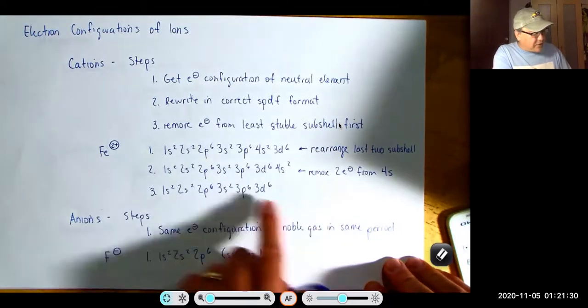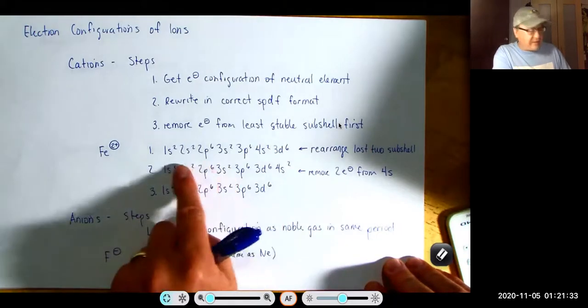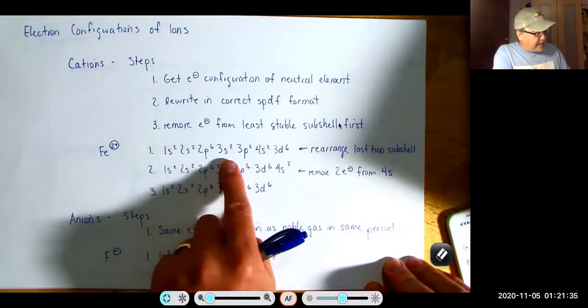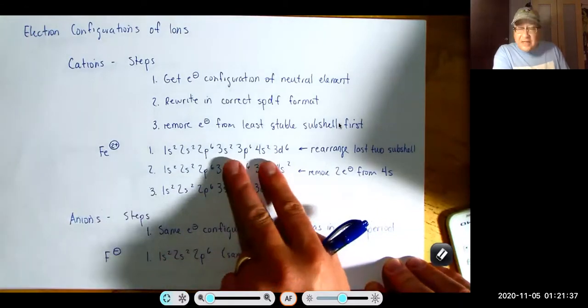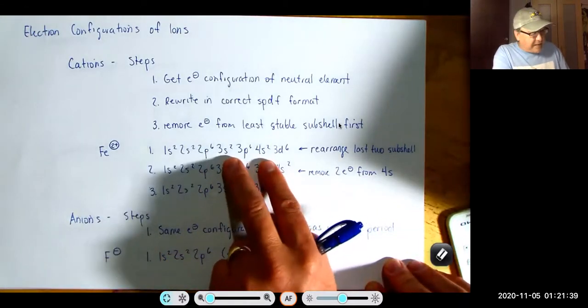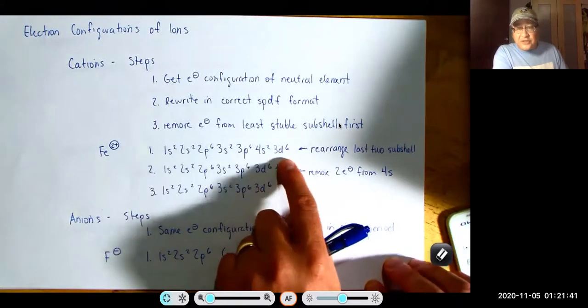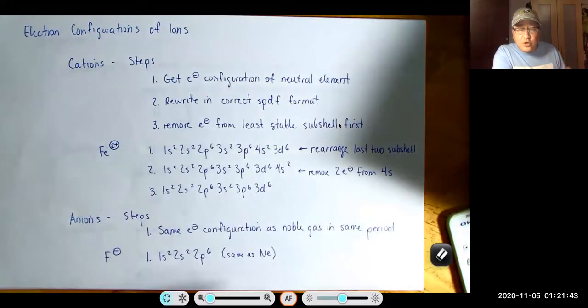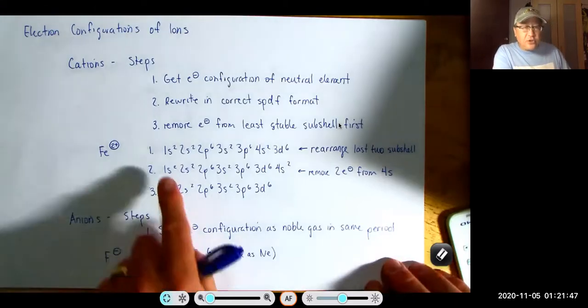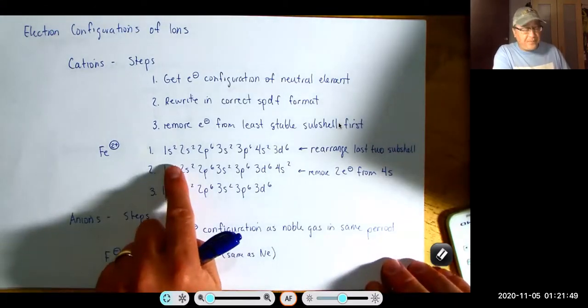And if you count electrons, you can see that the first 3 subshells have 10 electrons. And here, the next 3 subshells have 10 electrons. And the last subshell has 6 electrons for 26 total, which should be right for a neutral iron atom. So number one is the neutral iron atom.